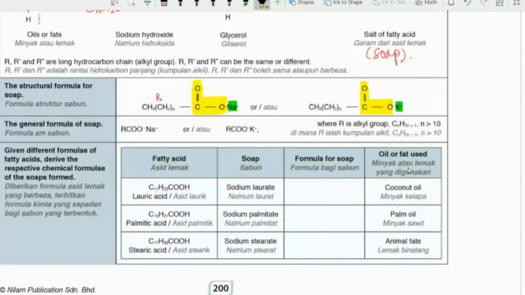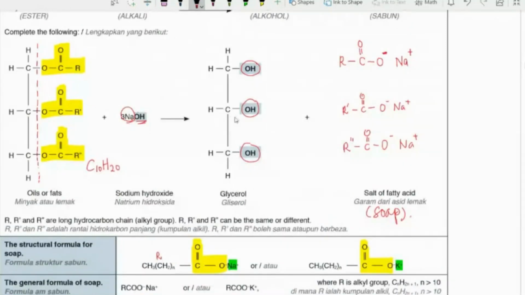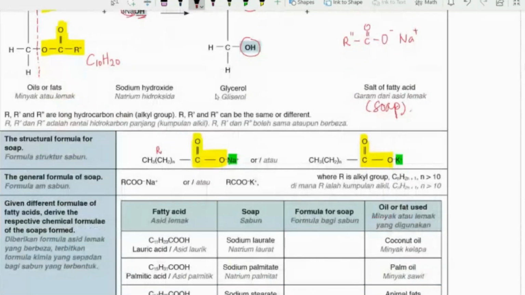Very simple actually. During the formation, the H in the COOH, you just remove it, remove the H.